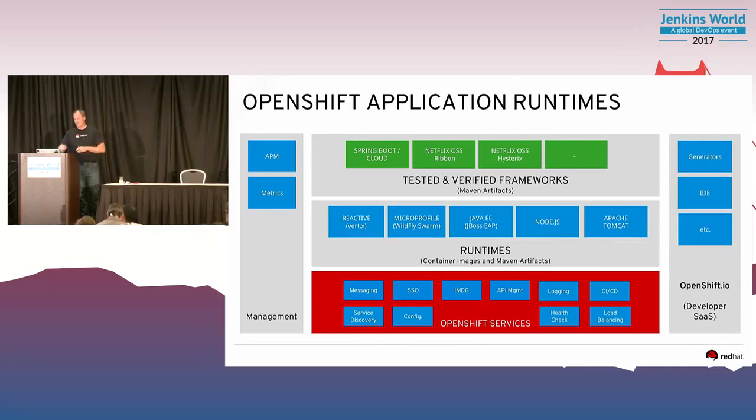Then above those services are the runtimes, and these are what's new. You see the list there. These are curated. These are the ones we believe will serve your microservice needs the best. Depending on the nature of the application you're building, you'll choose one or the other, and we have some guidance on that. For example, if you really like reactive programming, Vert.x is probably your best choice.